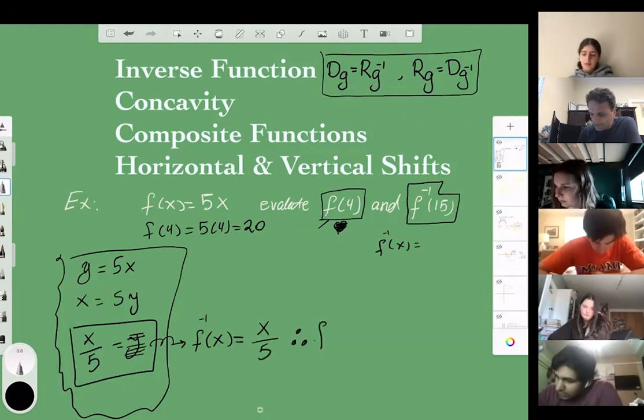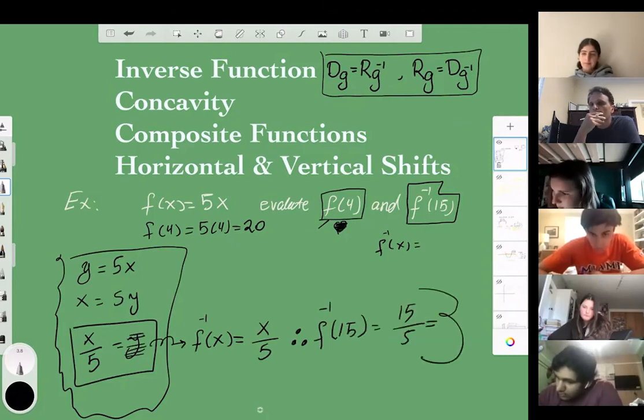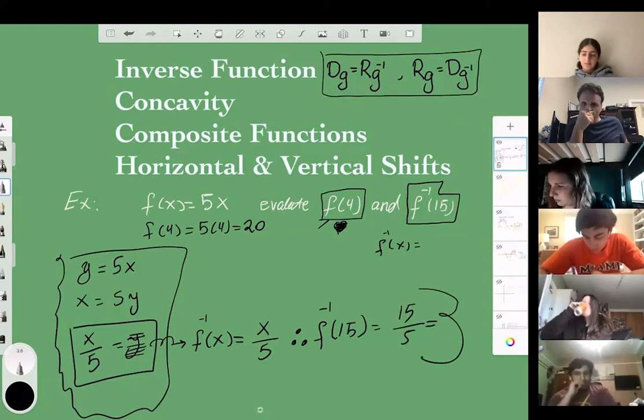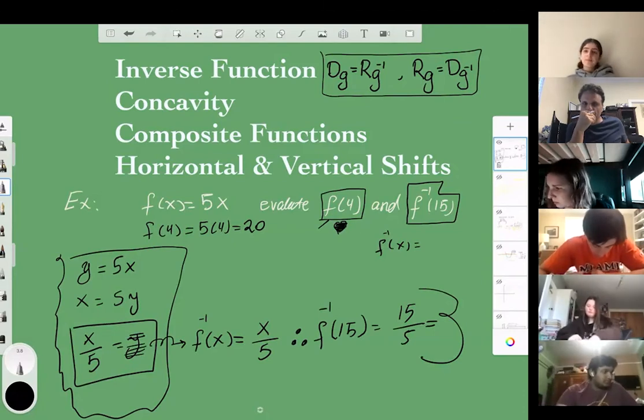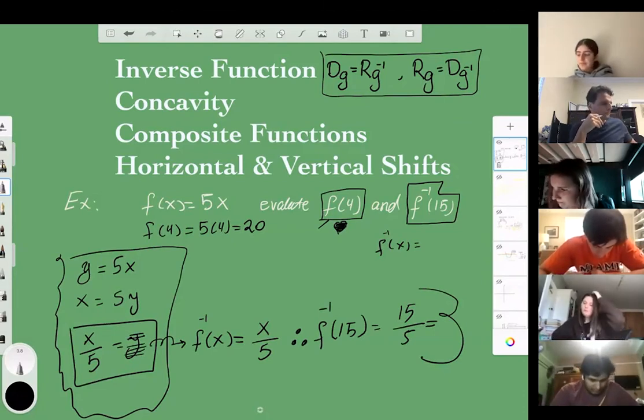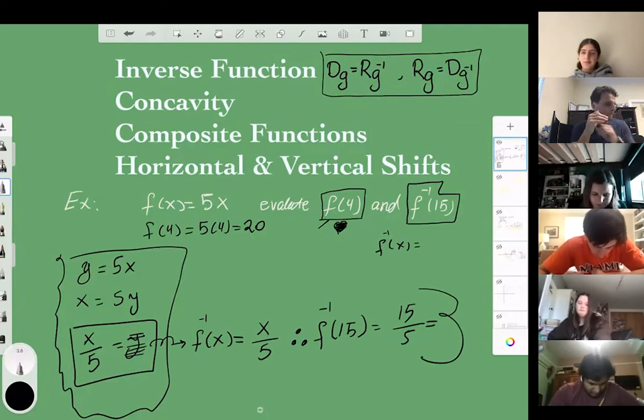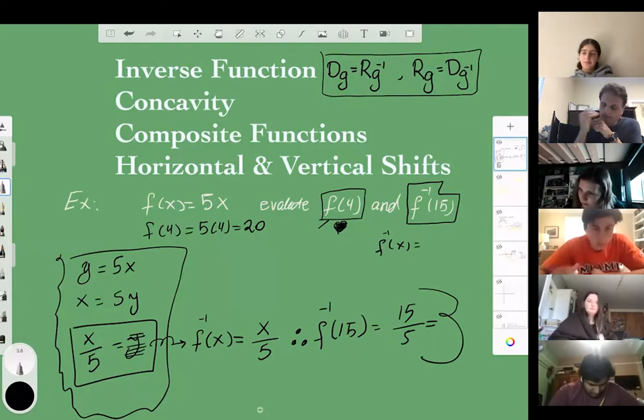They ask us what is f inverse of 15. It will be 15 over 5, equal to 3. All right.